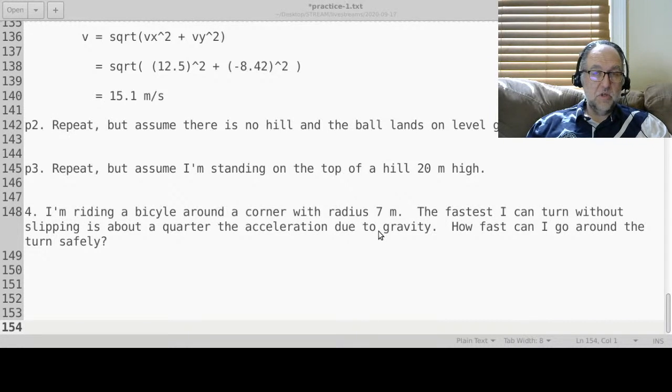If I'm under a quarter of that, I'm fine. If I'm over a quarter of the acceleration due to gravity, then I'm in danger of slipping. So how fast can I go around the turn safely?